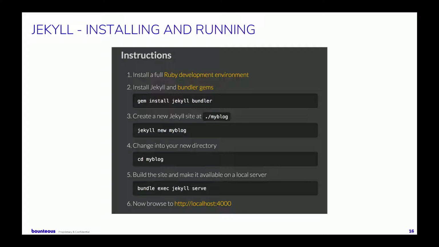But with your Ruby environment up and running, you need to install JEKYLL and Bundler, and then you can run JEKYLL new and then the name of your project, which will scaffold a JEKYLL project for you. And then in there you can run bundle exec JEKYLL serve, and that's going to do your build. It's going to launch a little dev web server, and it's also going to watch for changes.